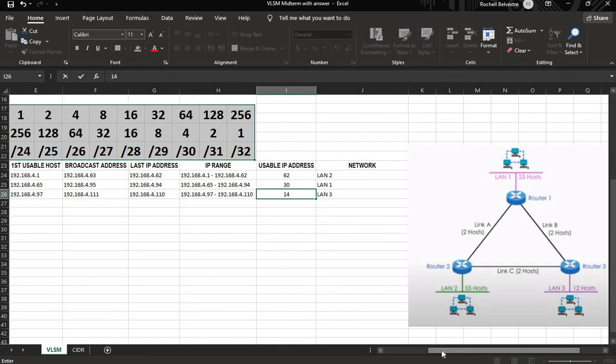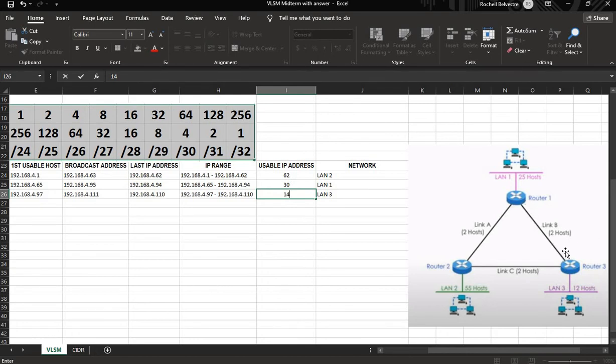Now the next step is we're going to subnet the connection between router 1 to router 2, router 1 to router 3, and router 2 to router 3. So first we need only 2 hosts: one IP address from this side and one IP address from this side, and likewise for the others.